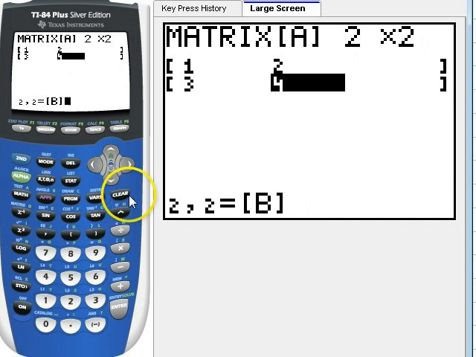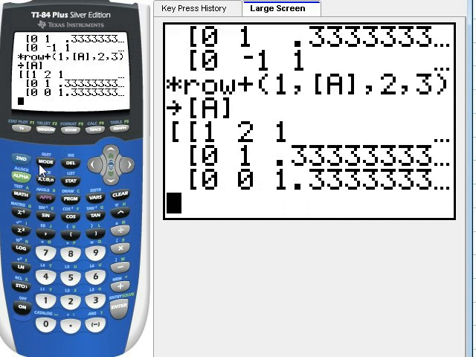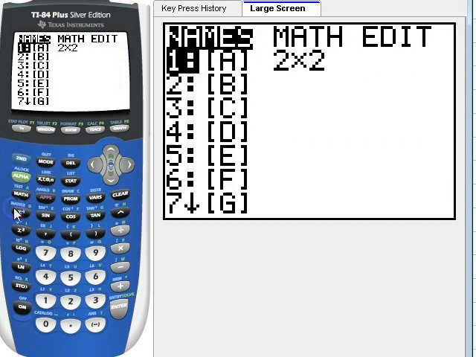It's just trying to put matrix B into this fourth element, so I better not do that. I think I better just quit out of that and then go back to the matrix.